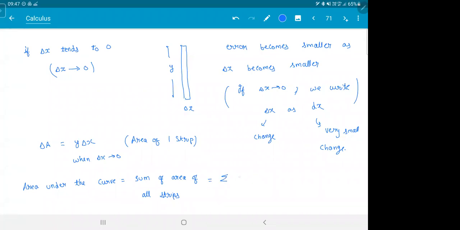Which is sigma y delta x, this is yi delta xi, where i goes from x1 to x2. Hope everyone knows the meaning of this symbol: summation.